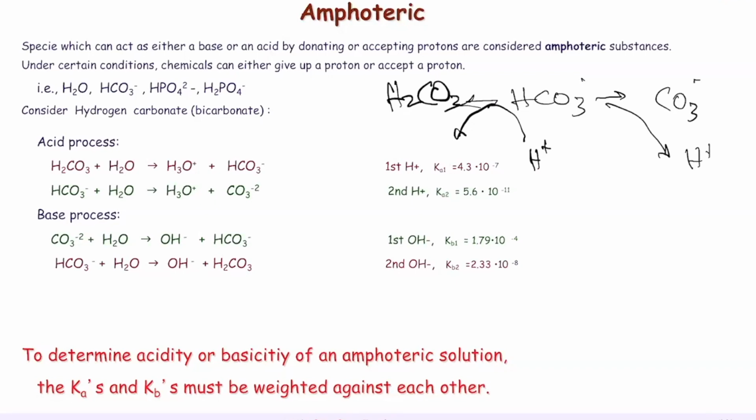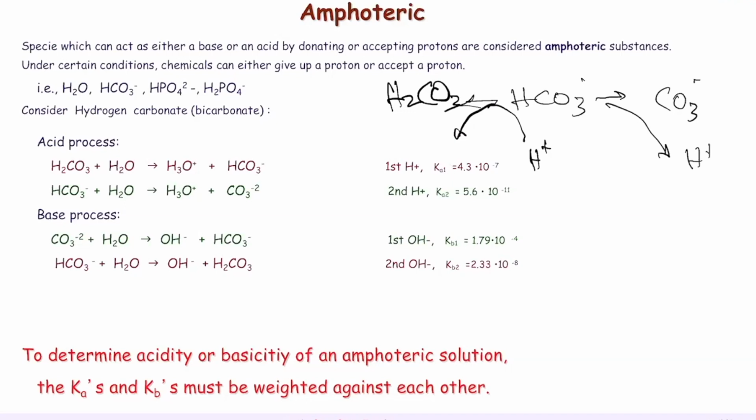Because this is an amphoteric system, carbonic acid is not amphoteric. It'll only give up hydrogen. Carbonate ion is not amphoteric. It can only pick up a hydrogen in the reverse direction. Carbonic acid will only deliver hydrogen, but bicarbonate can do either one.